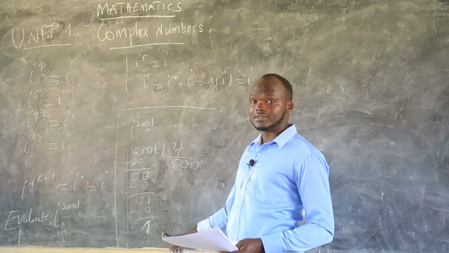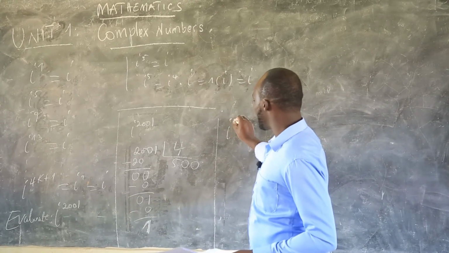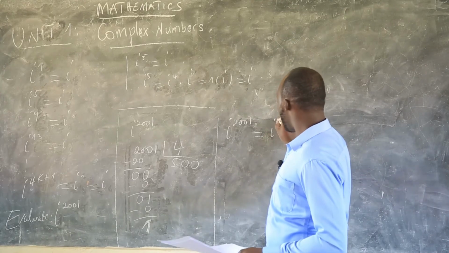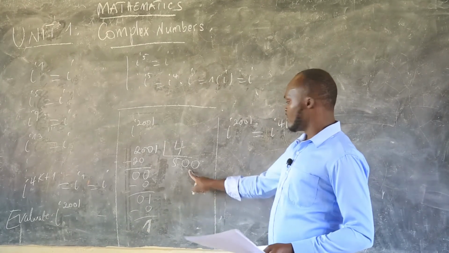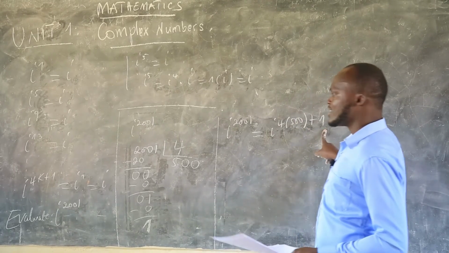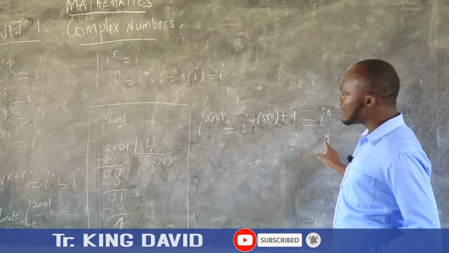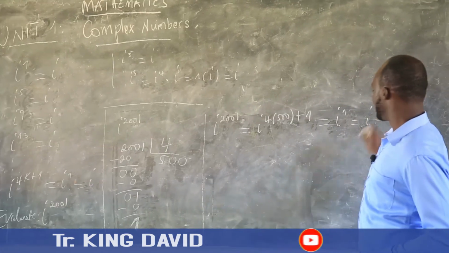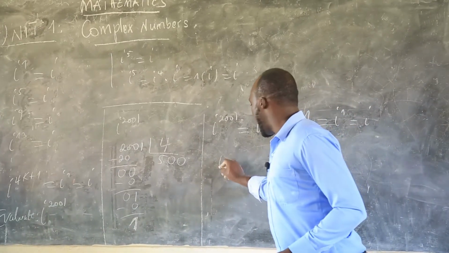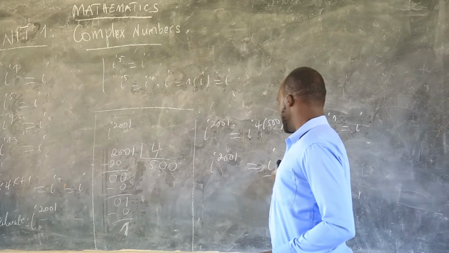So if the remainder is 1, it means that i^2001 is the same as i^(4(500) + 1), because 1 is the remainder. So now this is the same as i^1, and i^1 is i. So which means that i^2001, the answer is i. So this is the answer.